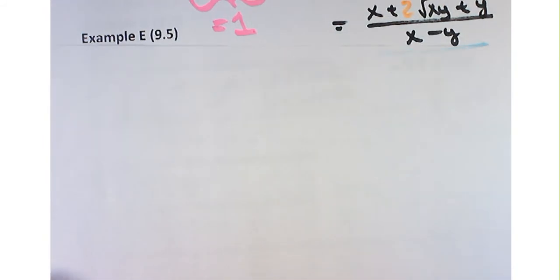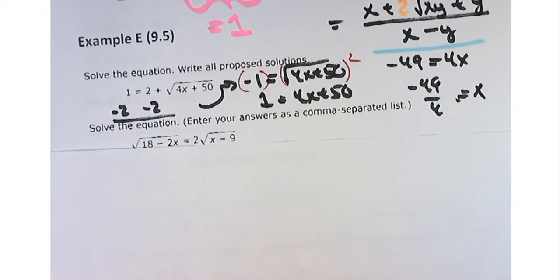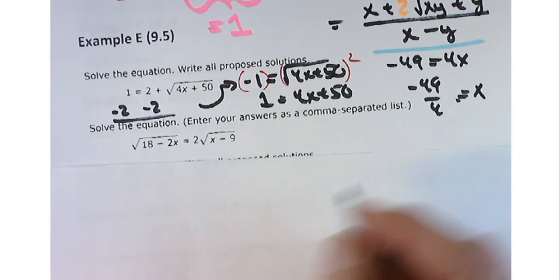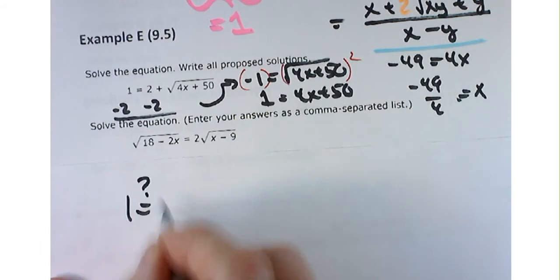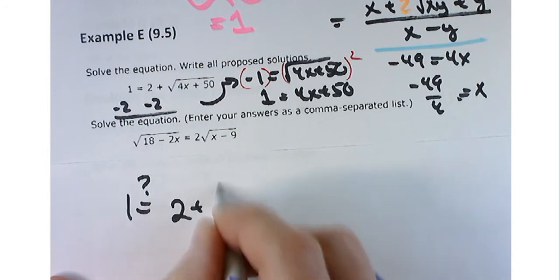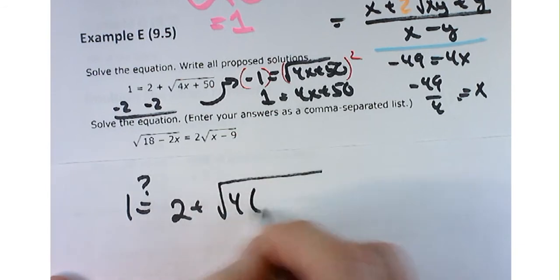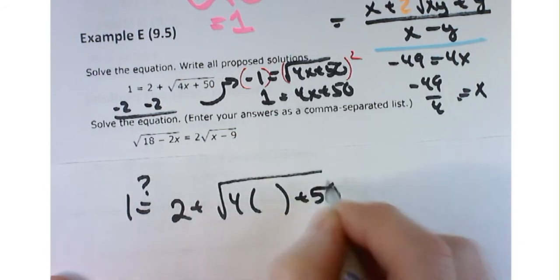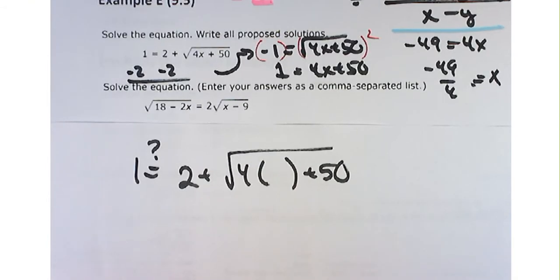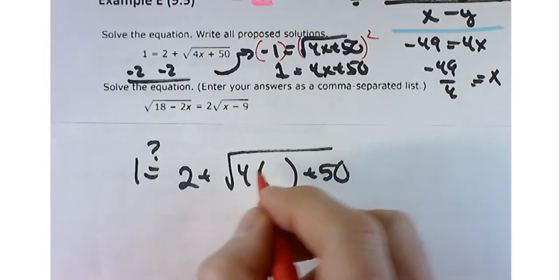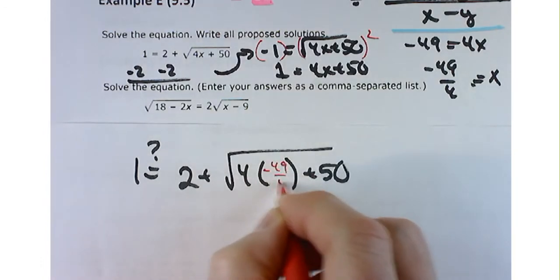So, let me just squeeze that on another sheet. That's going to be, does 1 equal 2 plus the square root of 4 times x plus 50? And I always like to put a question mark there, because what we're trying to figure out is, is that really true? So negative 49 over 4.